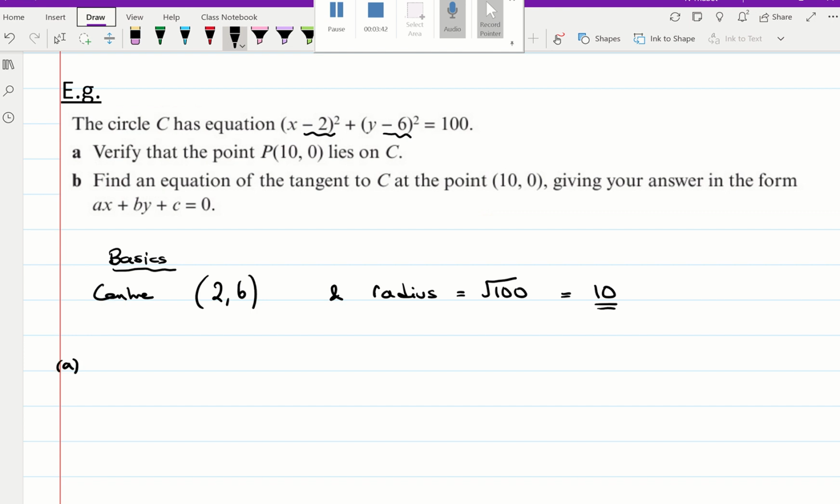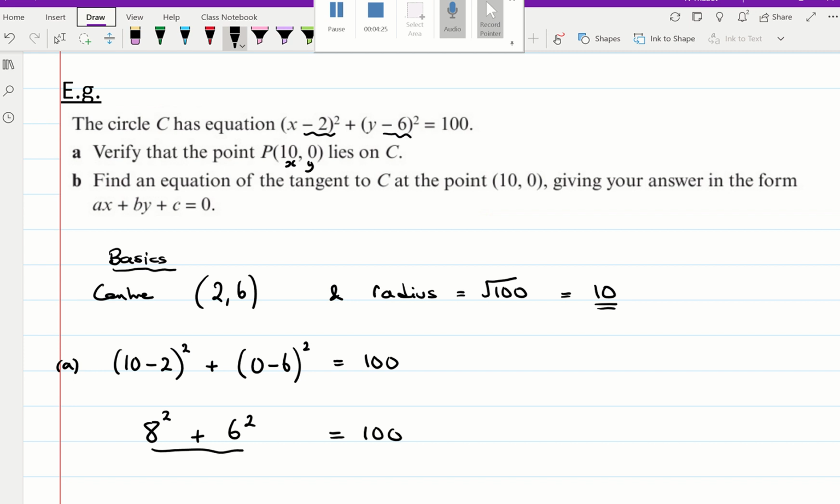And then part A says verify that the point (10, 0) lies on the circle C. So of course this is x and this is y, and if this point lies on the circle, then it fits this equation. So I'm going to substitute 10 for x, and I'm going to substitute 0 for y, and I'm going to check. So this is basically 8 squared plus −6 squared, but 6 squared is the same thing really, because any number squared is going to be positive.